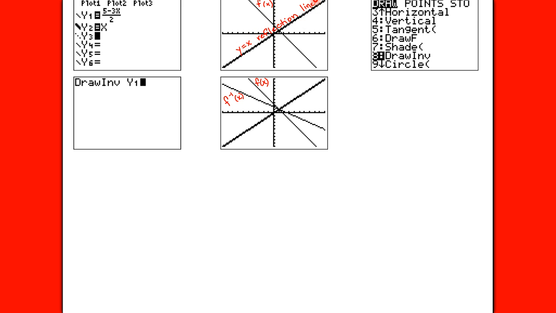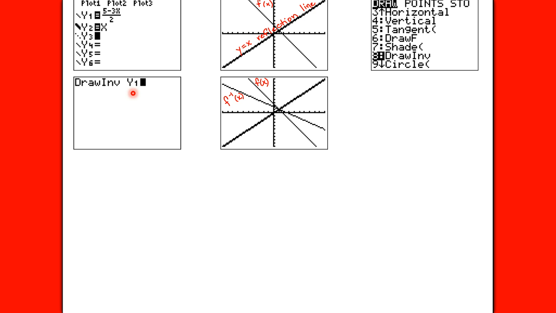If I go to my draw menu, second program is your draw menu, and go down to number 8, you can tell your calculator to draw the inverse of something. So I'm going to tell it to draw the inverse, and I either could retype this equation, (5 - 3x)/2, or I can just say draw the inverse of what I have in y1, either one.